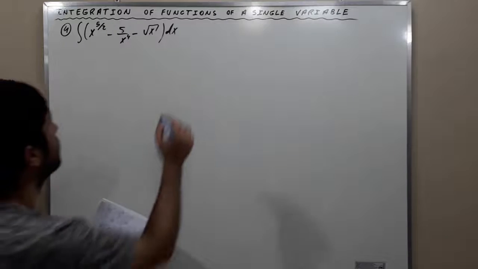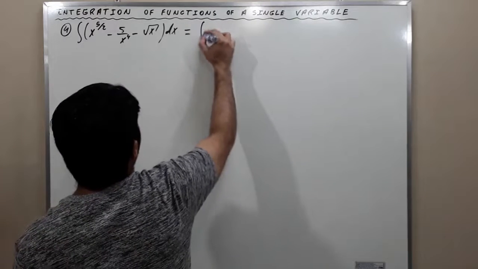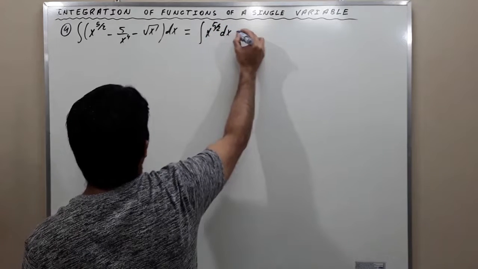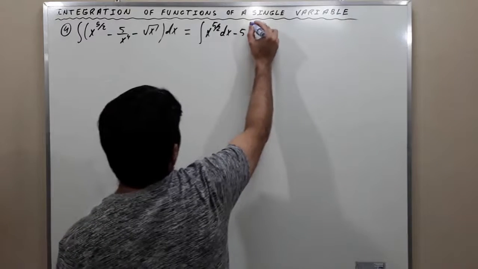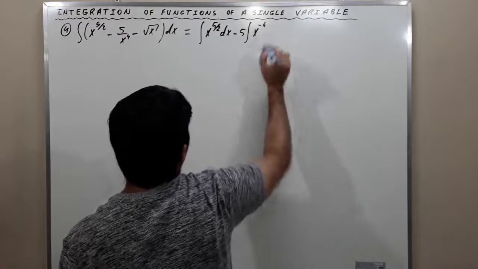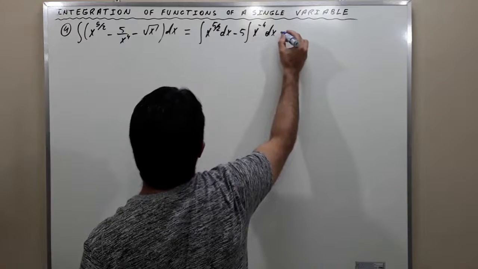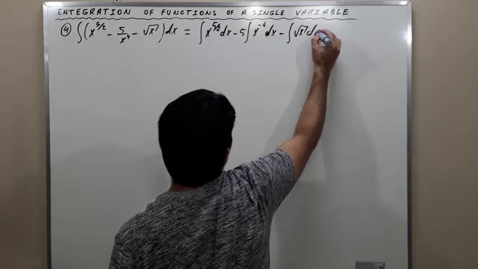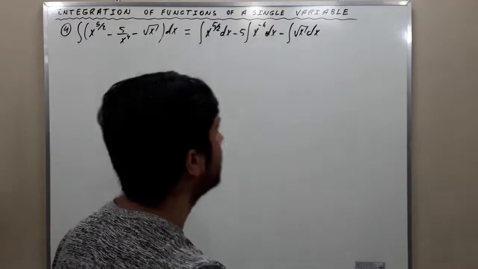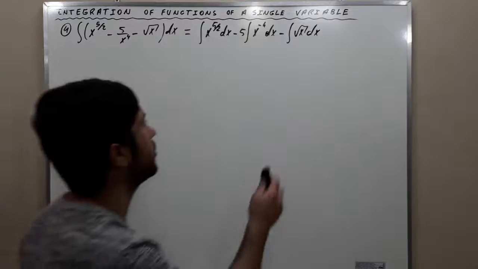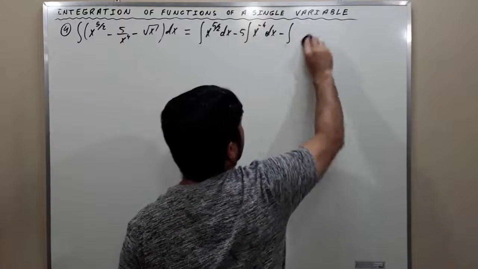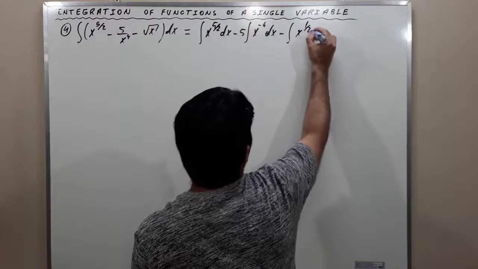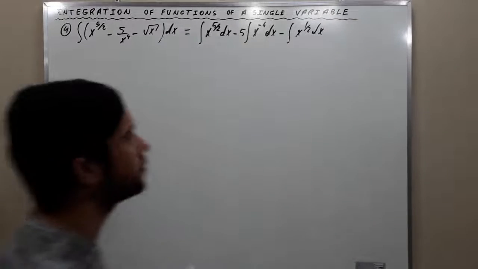It becomes the integral of x to the 5 halves dx minus 5 times the integral of x to the negative 4 dx minus the integral of the square root of x dx. And we shall remember that the square root of x is x raised to the power of 1 half. So it is x raised to 1 half dx.